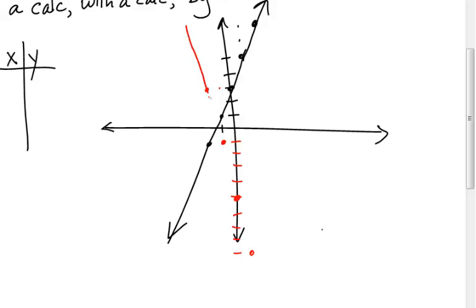So you should end up with a line something like that. And our solution is this point right here where it intersects. But without having graph paper, even if I had graph paper, I can't tell if I'm on the grid. So I can do it by hand. The only thing I know is yes, I have a solution where it intersects. That's as much as you can do there.